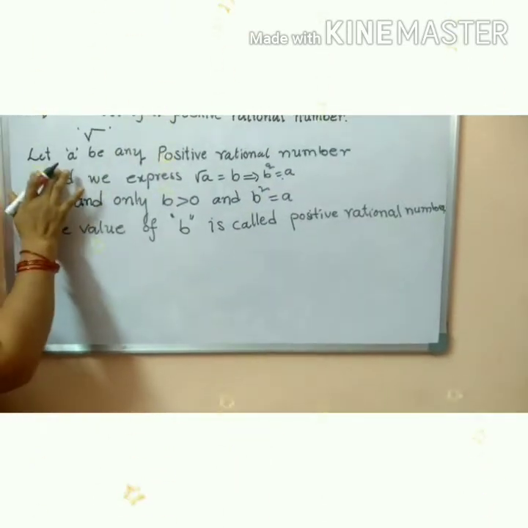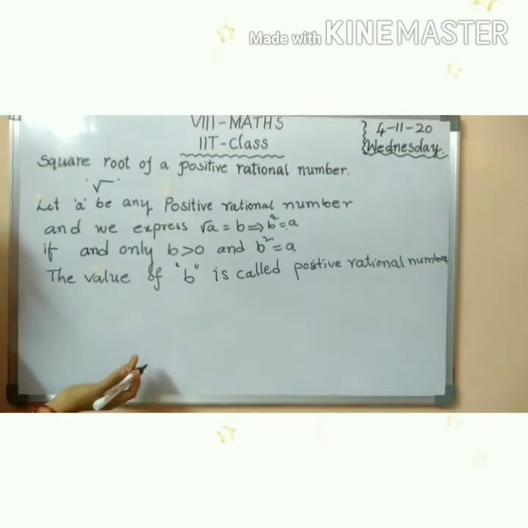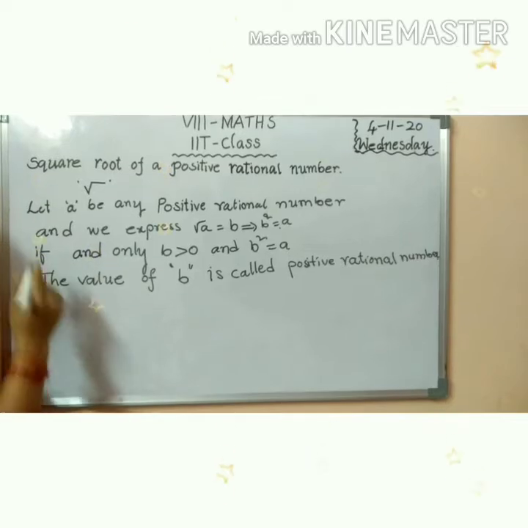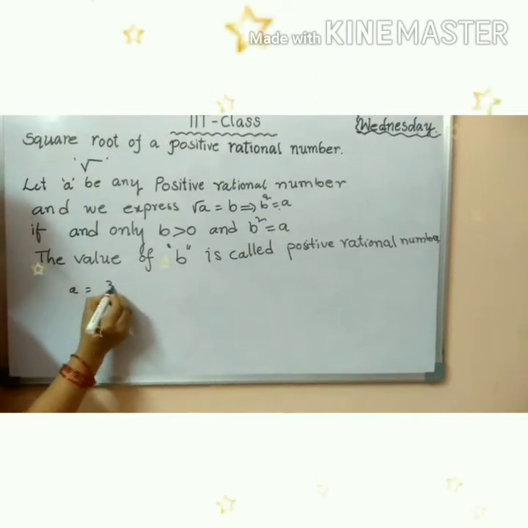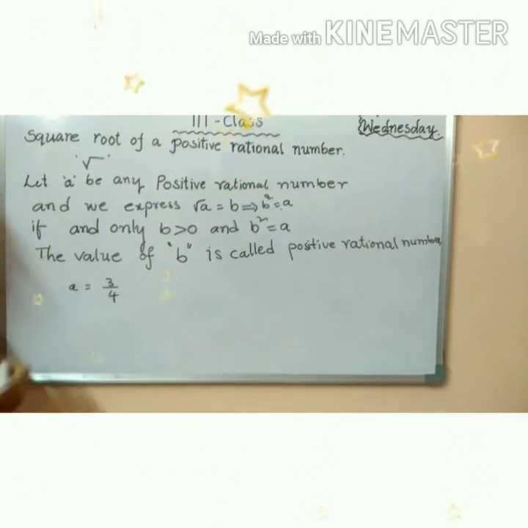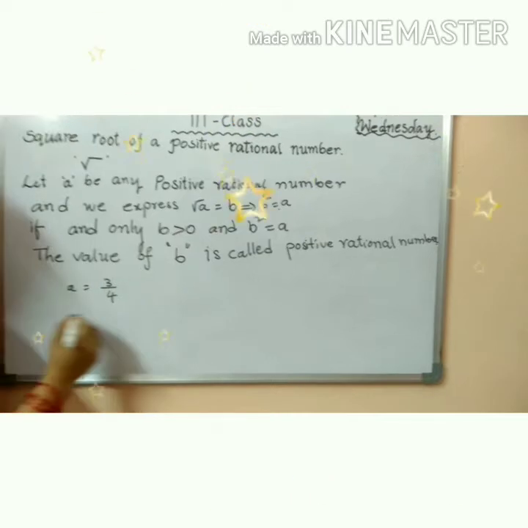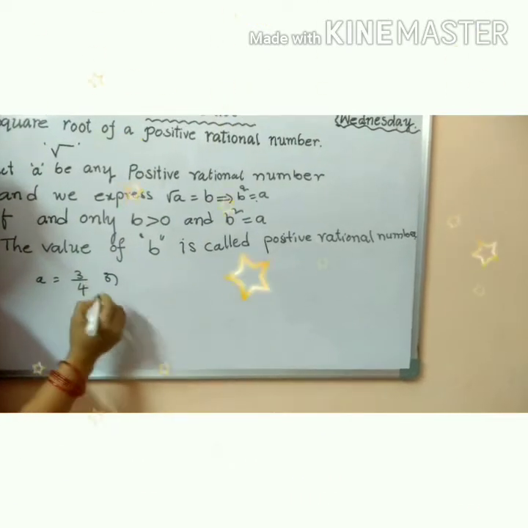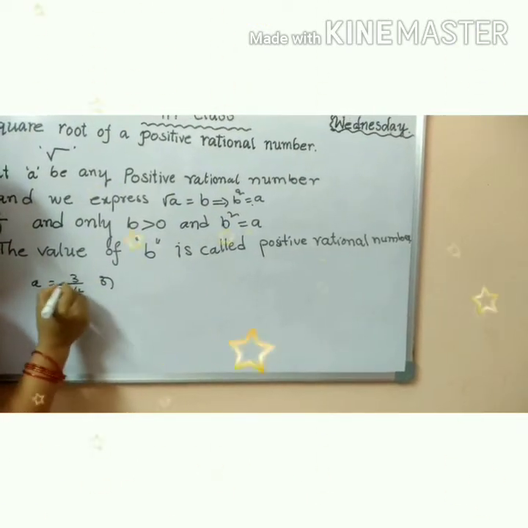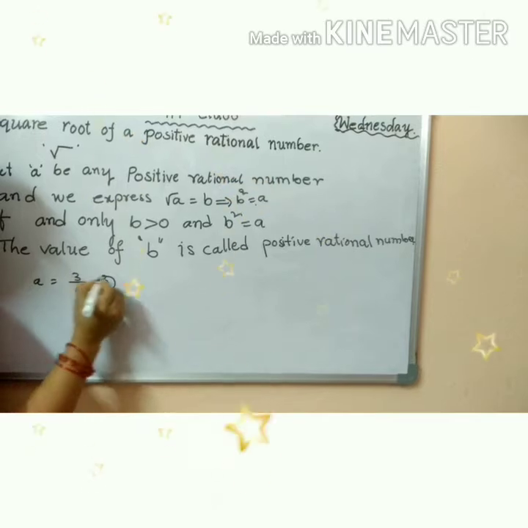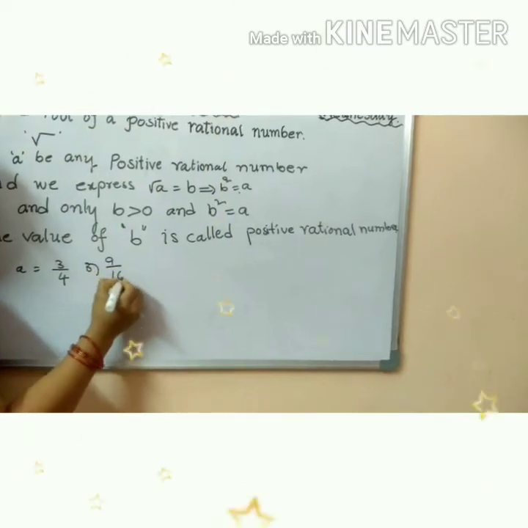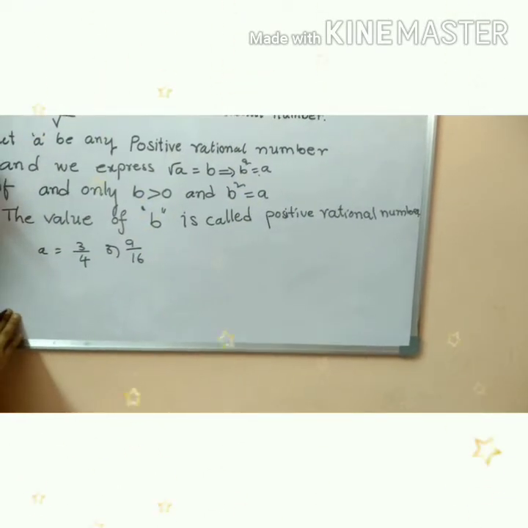Let A be any positive rational number. For example, take A equal to 3 by 4. The square number is 9 by 16.